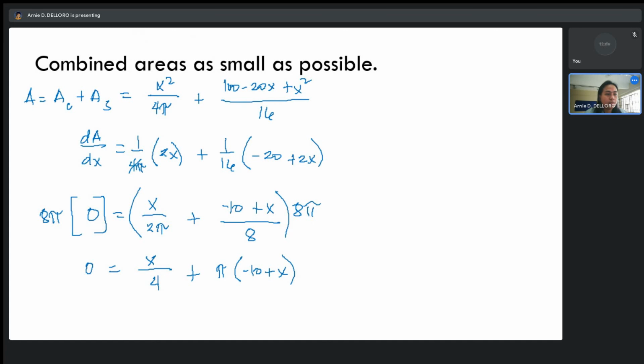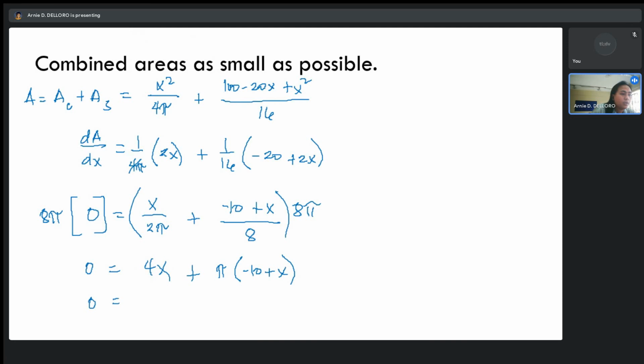Okay? Ay, may mali. Hindi pala x over 4. Since mas malaki yung 8 pi, so ang sagot lang dito ay 4x. Apologies for my mistake. Okay? So next is, i-distribute natin ito.